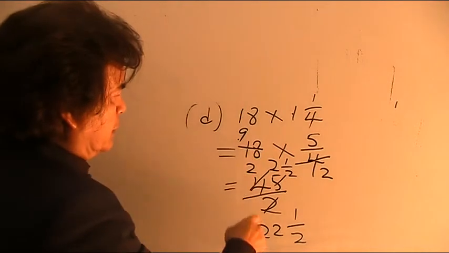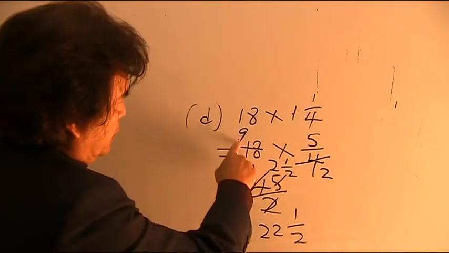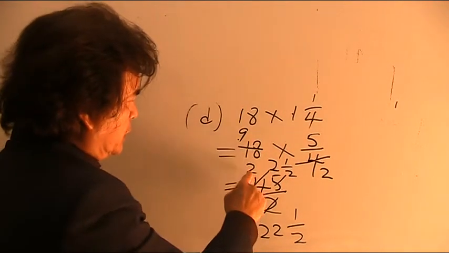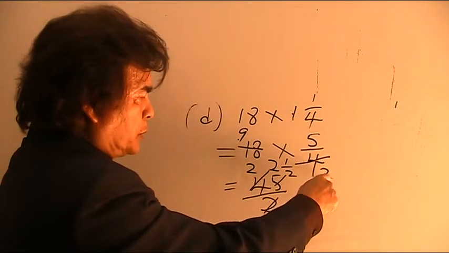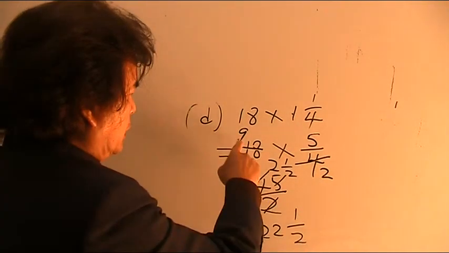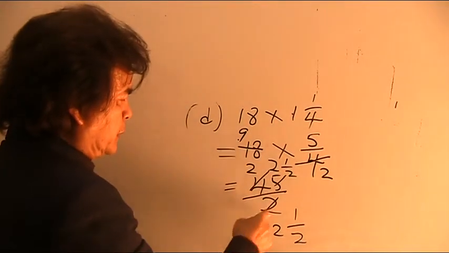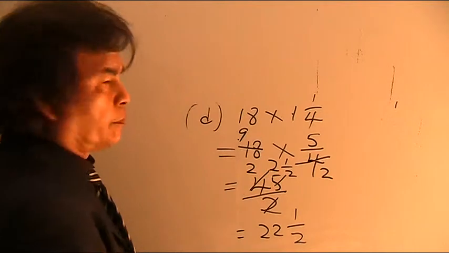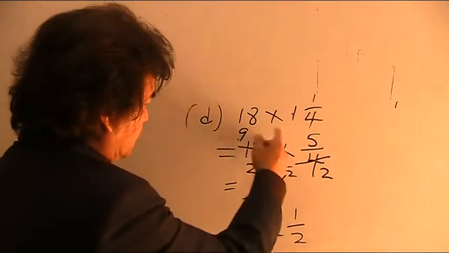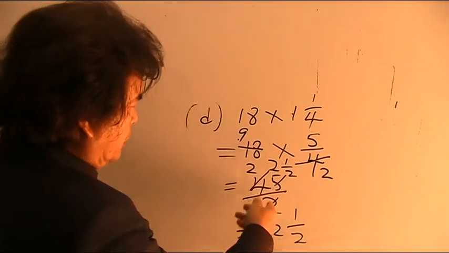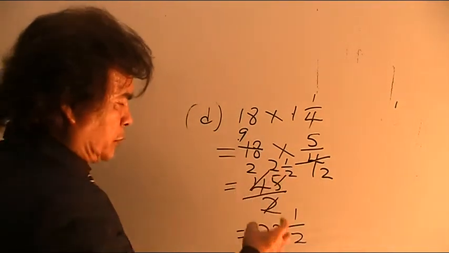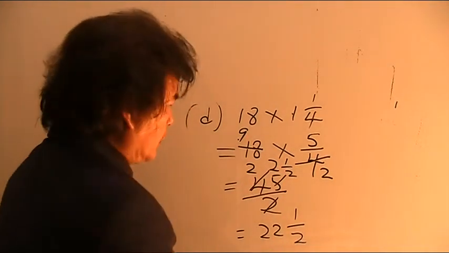So you divide by 2, 18 divided by 2, you get 9. And 4 divided by 2, you get 2. So you take 9 multiplied by 5, you get 45 over 2, you get 22 1/2. You can also do it by long division, like 45 divided by 2, you're going to get 22 1/2.